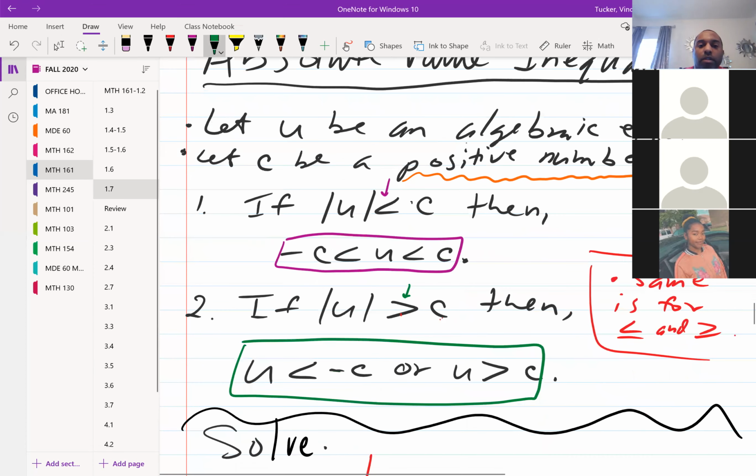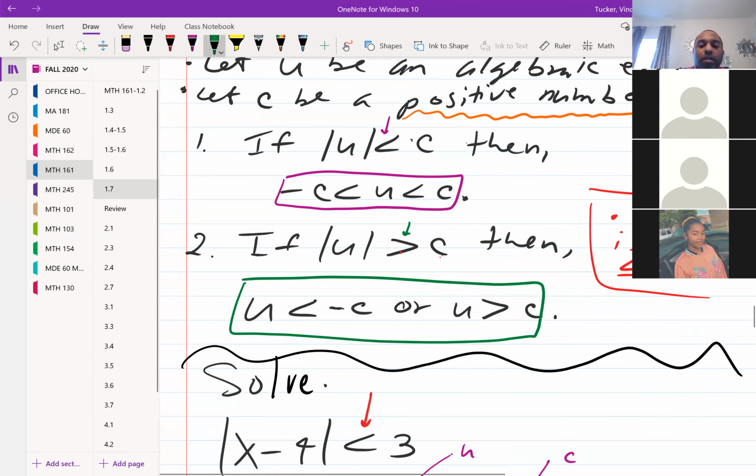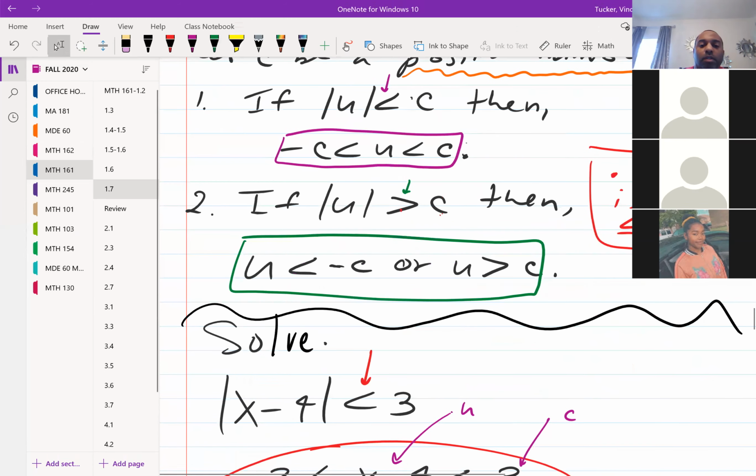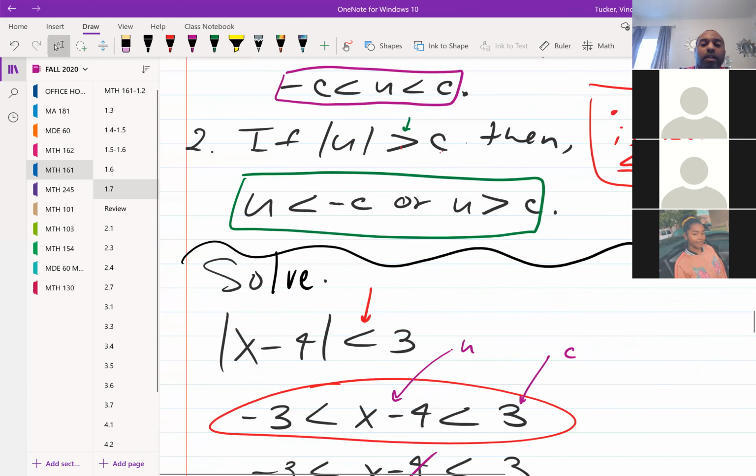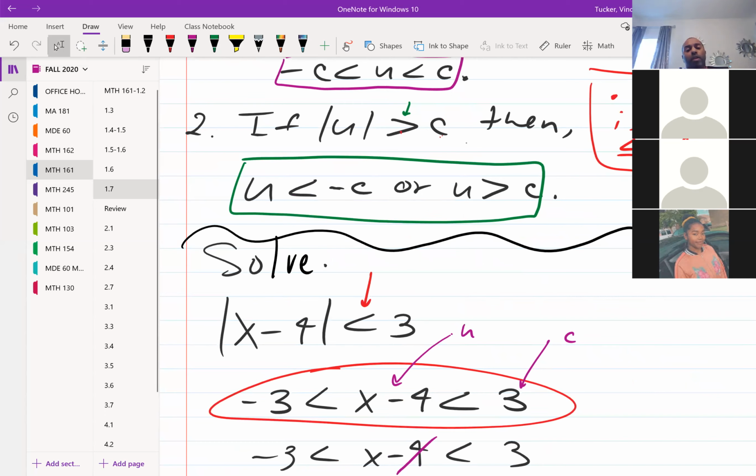Can we try it? So first one, we have the absolute value of x minus 4 is less than 3. So look at our initial setup. We have x minus 4 is greater than negative 3. X minus 4 is less than 3.